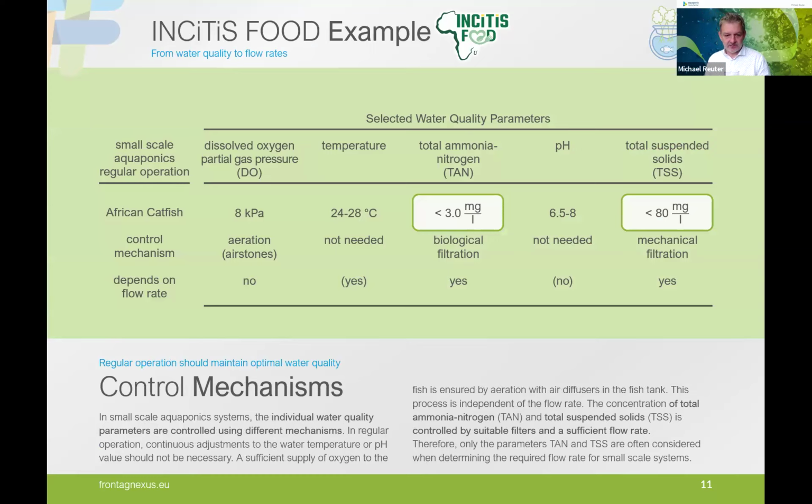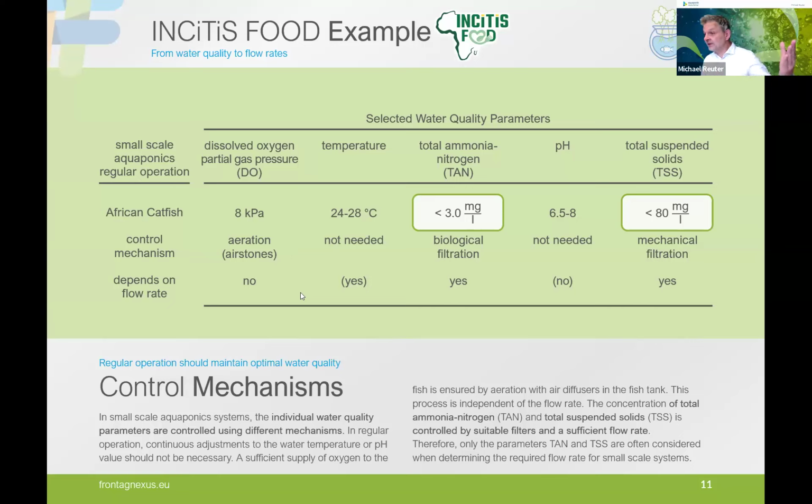If you're looking at the African catfish and we are thinking about how we want to control these different parameters in our RAS system, we have to decide: is a water parameter linked to the flow rate through the tank or is it not? So if you look at the dissolved oxygen that we want for the African catfish and we want to aerate inside of the fish tank, this is not linked to the flow rate.